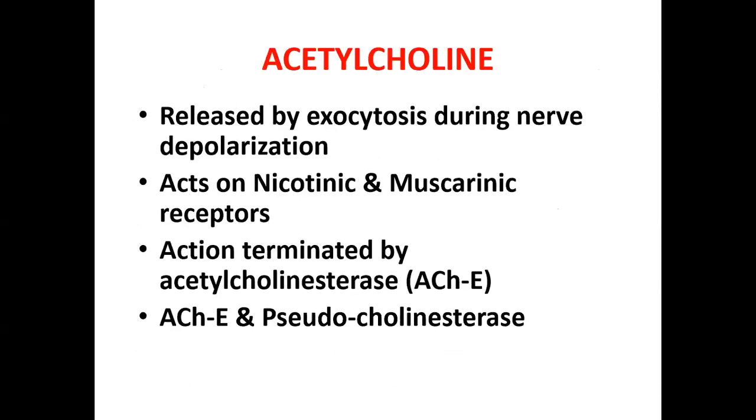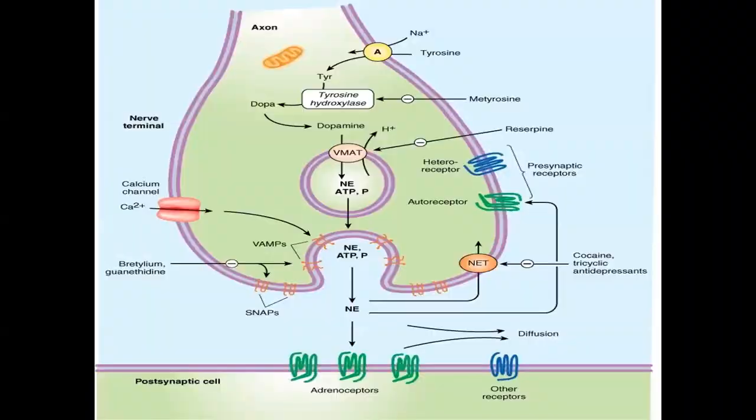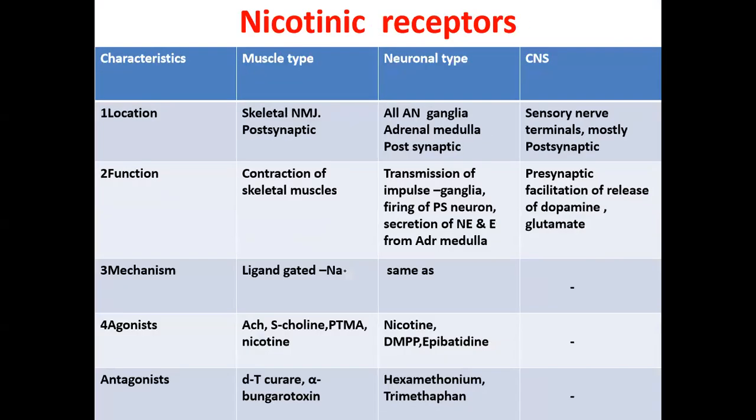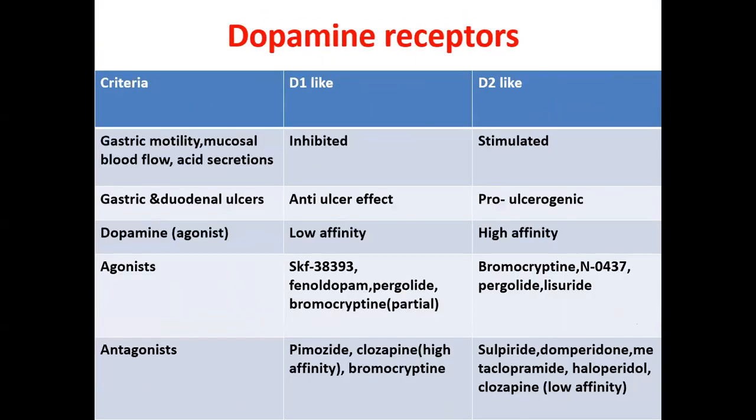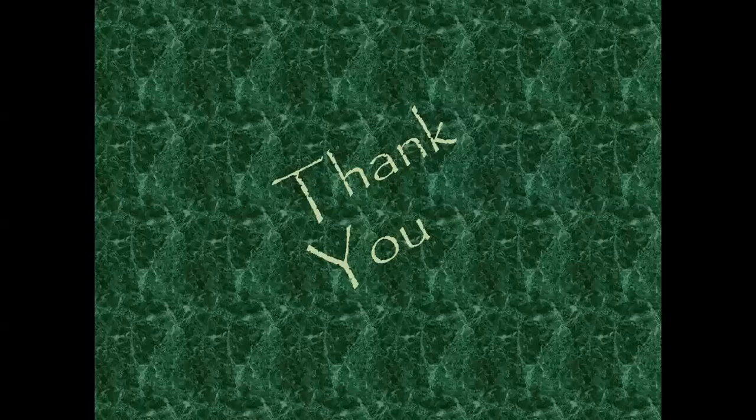In the parasympathetic nervous system, the preganglionic neurotransmitter is acetylcholine, and the postganglionic neurotransmitter is also acetylcholine.